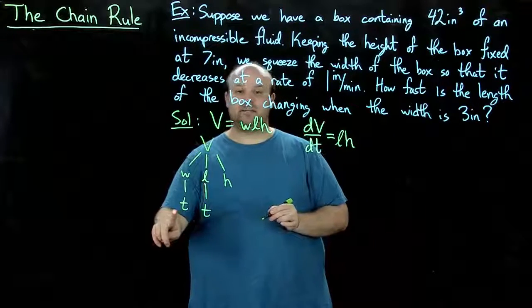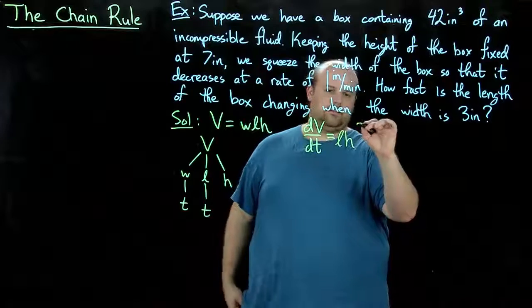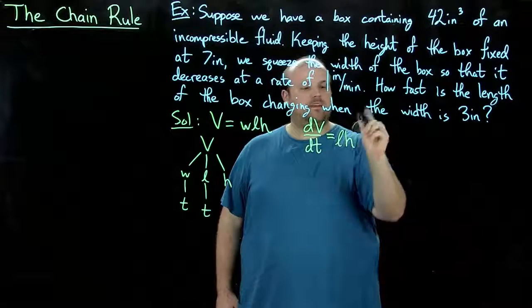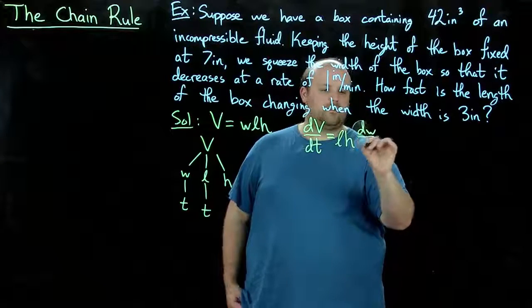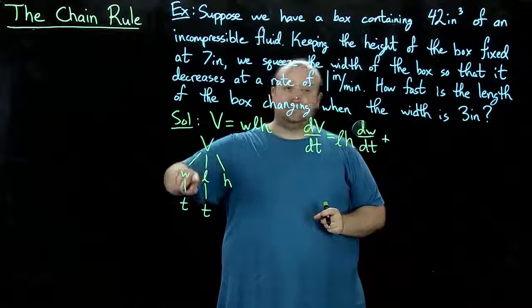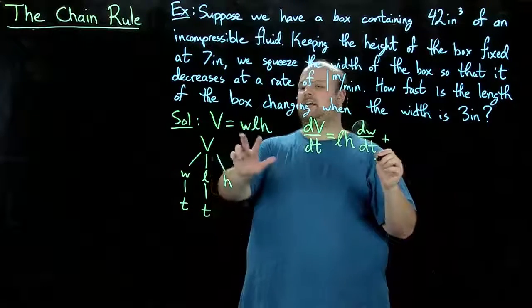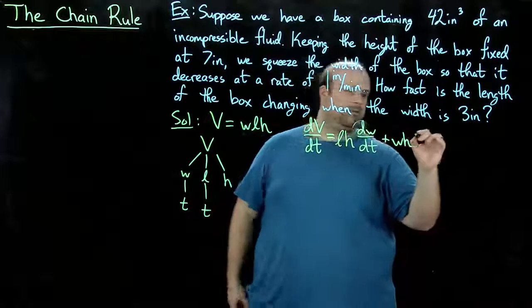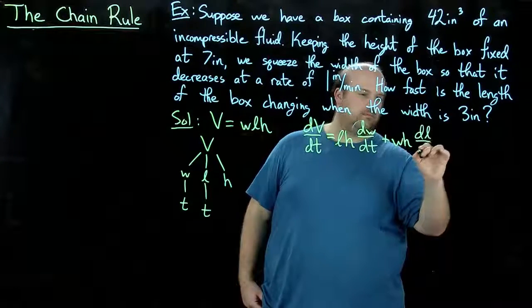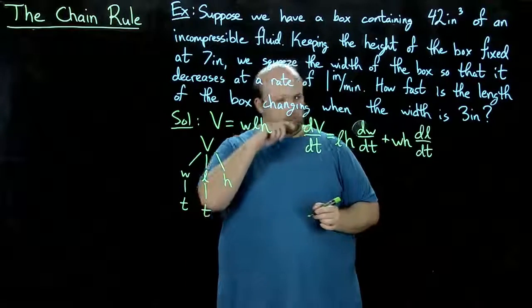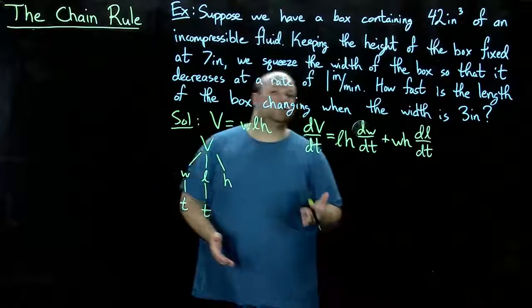And then dw/dt. Okay. Plus dV/dl. dV/dl is WH times dl/dt. Right? And then, well, there's no t here. Right? So we have that.